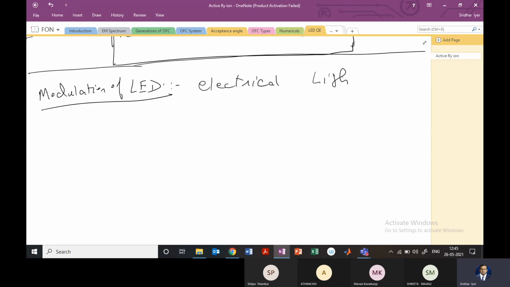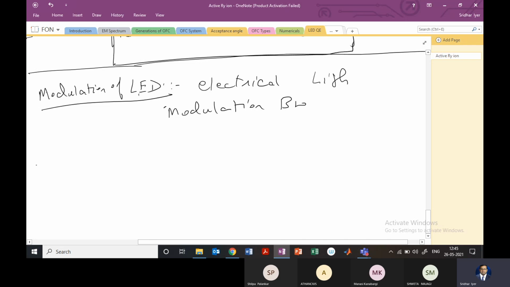Okay, so we are more interested in calculating modulation bandwidth, because ultimately after the modulation we are only going to increase the bandwidth of the signal. So we are interested in calculating the bandwidth of how this modulates. We need to define this modulation bandwidth in optical communication.